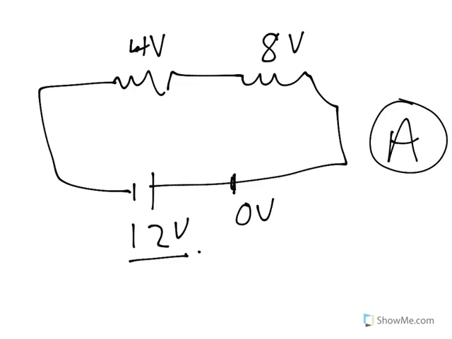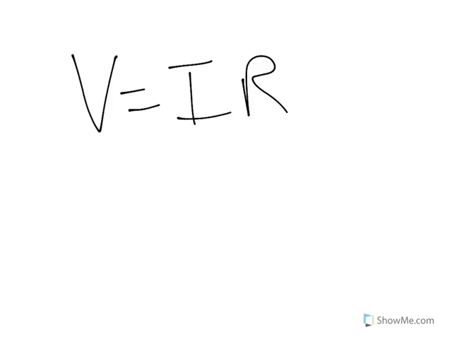Number 7. If the resistance of a circuit is doubled and the voltage remains unchanged, the current flowing in the circuit will be. So we're dealing with Ohm's law, and it says that we double the resistance, okay, and the voltage stays the same.